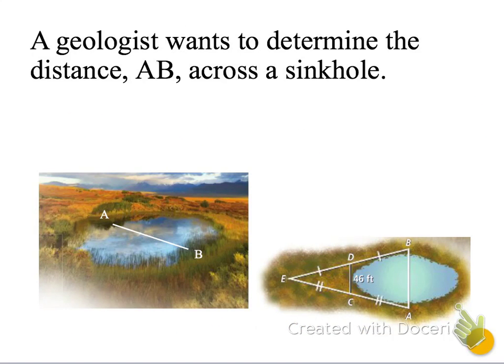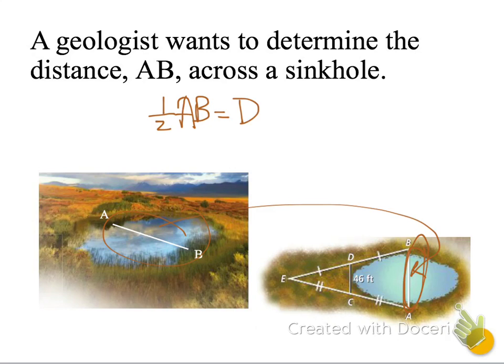Okay, a geologist wants to determine the distance AB across a sinkhole. So this is AB represented the same in this picture. We're going to have to think backwards again. So I know that half of AB should be whatever my DC is, right?